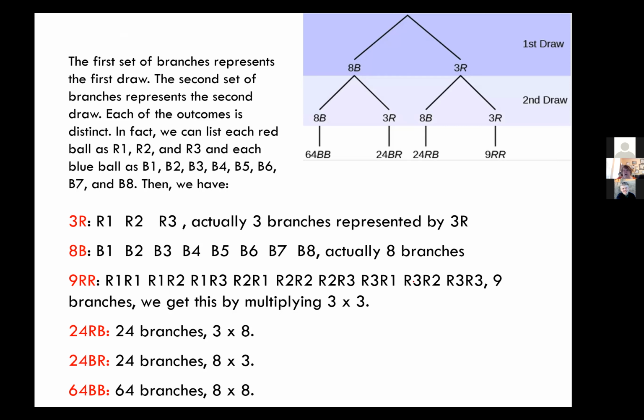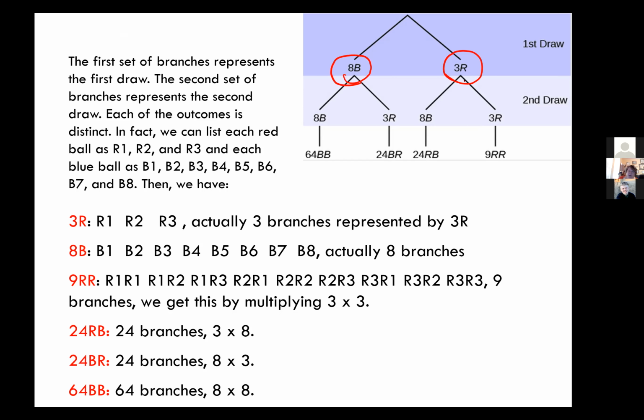And that's what R1, R2, and R3 represent. And there are 8 different outcomes where you could get a blue on the first ball. So B1, B2, B3, B4, B5, B6, B7, and B8. So there's actually 8 branches. So this represents 8 different branches. This represents 3 different branches.